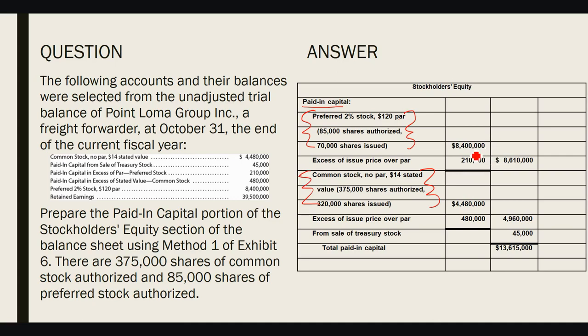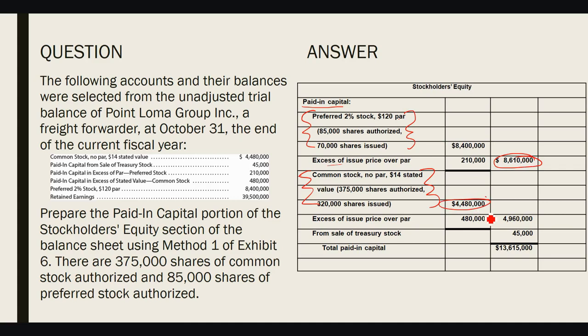And so they gave us this value, $8,000,004. And the excess, that's your PIK account, the paid in capital in excess of par. And so the net value of the preferred stock is $8,610,000. And then here for the common stock is where you would see that information. The common stock is always listed at its par value.